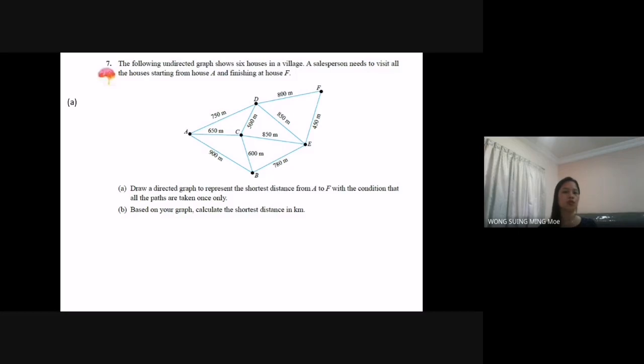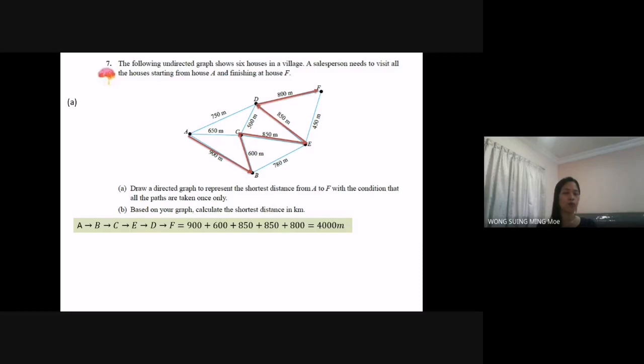So this one is also quite new for you. So here, you need to check one by one which one is the shortest route. Okay, so I try one by one. The first route is A go to B. After that, from B go to C, C go to E, E go to D, and D go to F. So I list out.